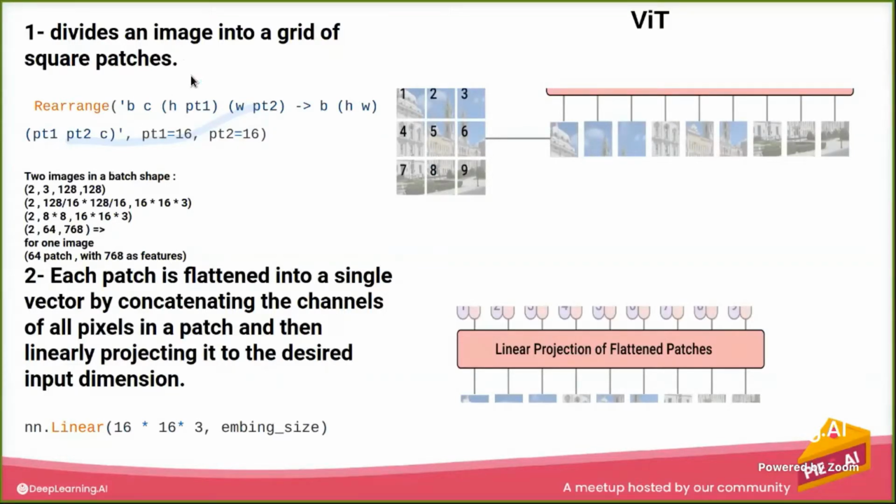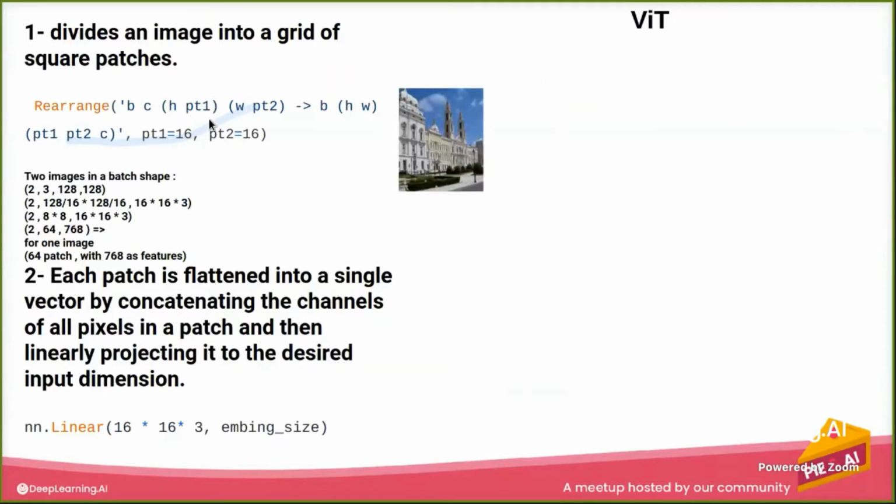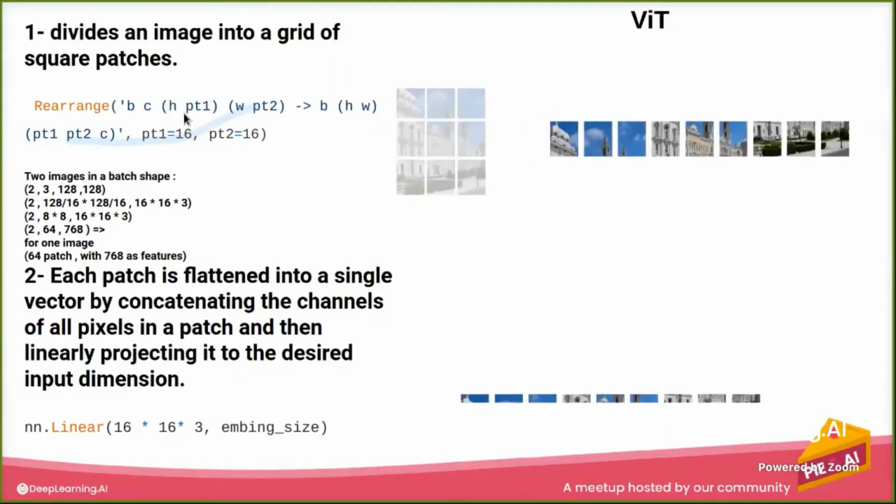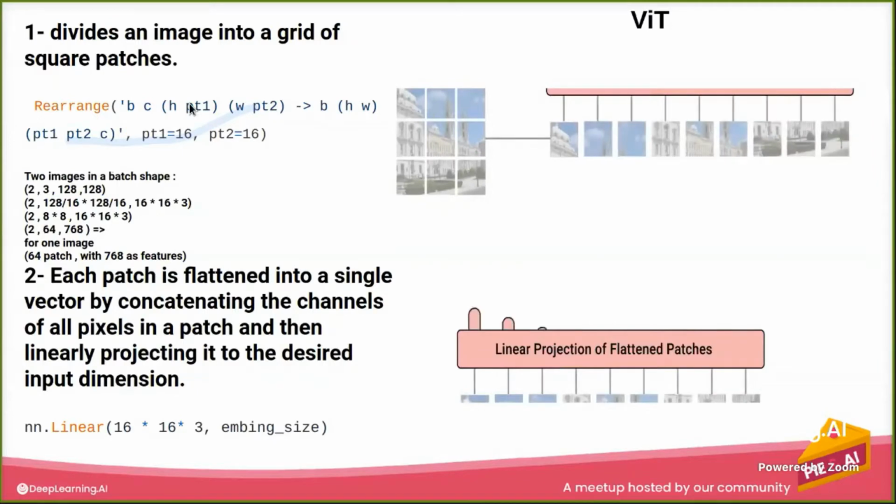So here is the code, if you want to define the main structure: batch size, color channel, and this must represent the height. So I want to say the height is H times BT1. And this must represent the width, and I want to say this width is W times BT2. I know BT2 and I know BT1.